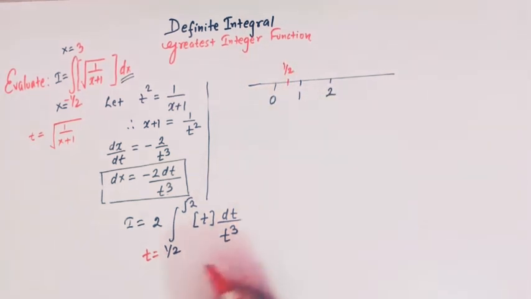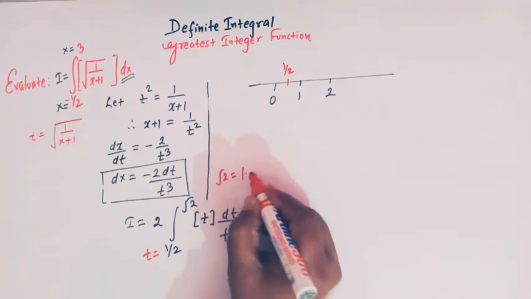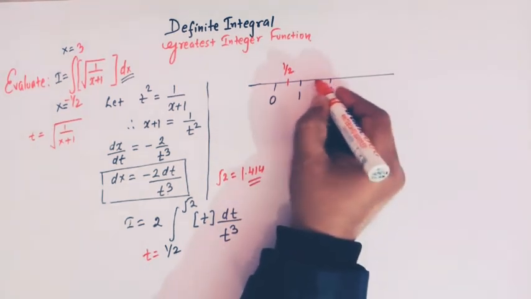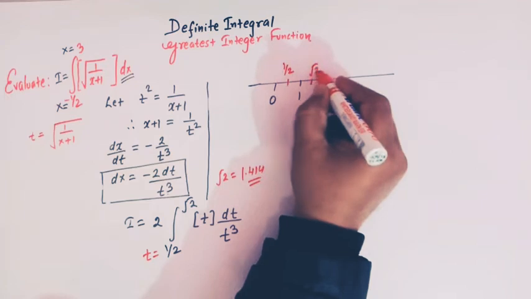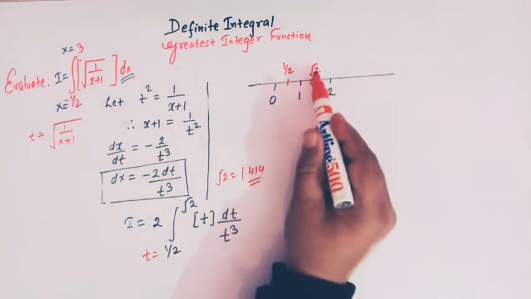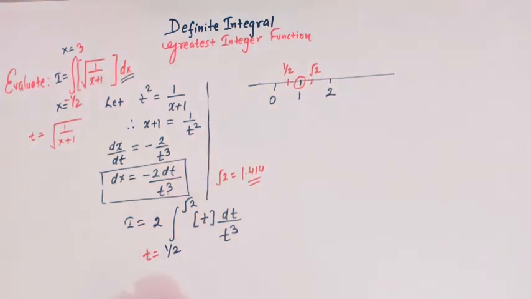The value of square root of 2 is approximately 1.414, and it lies somewhere here. So this is square root of 2. And we see that between half and square root of 2 we have the integer 1.